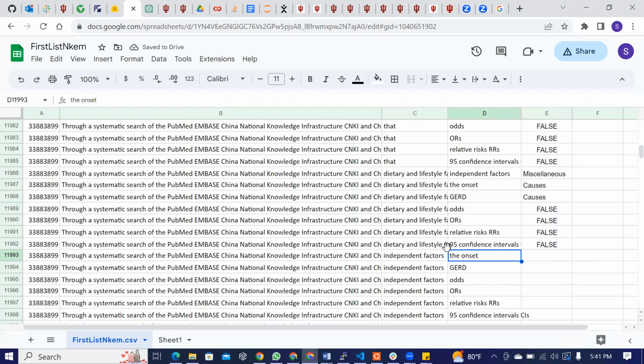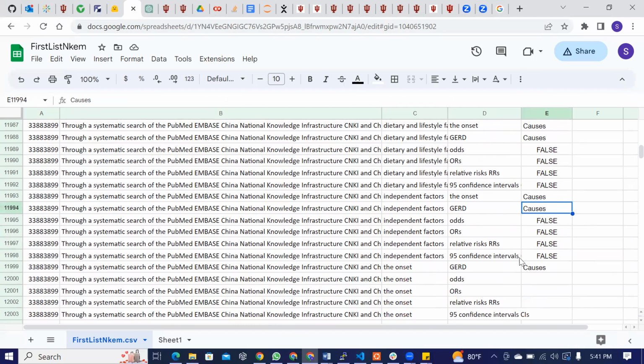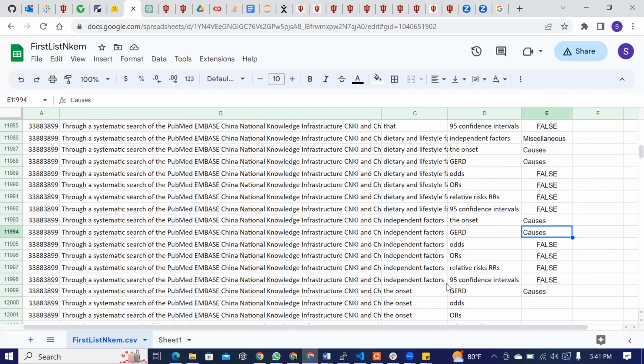So the onset of, independent factors and dietary lifestyle are the same thing. So you basically just go independent factors and onsets. Independent factors, the onset of GRD causes, so independent factors, which are dietary lifestyle. You can leave it as causes or you can put it as miscellaneous since we have already got these ones.